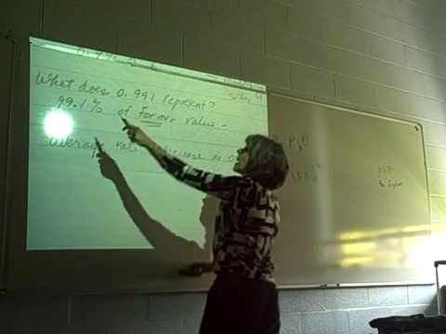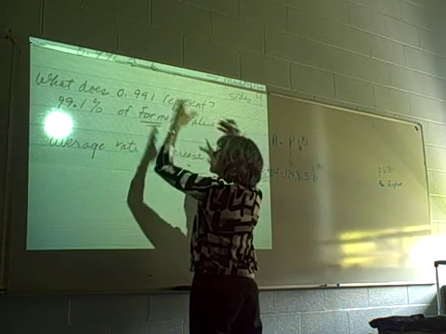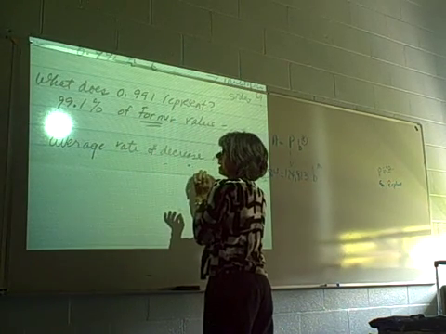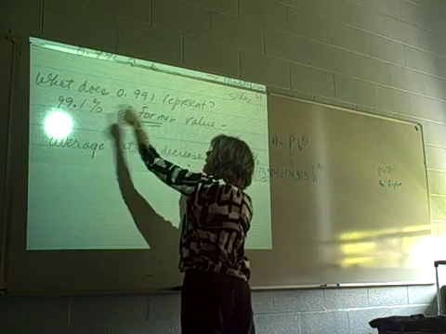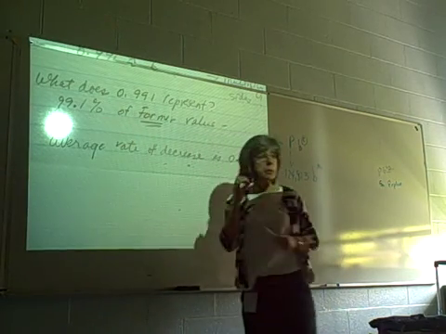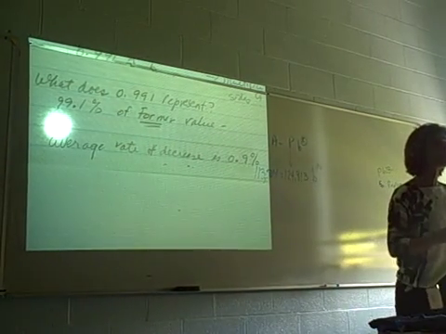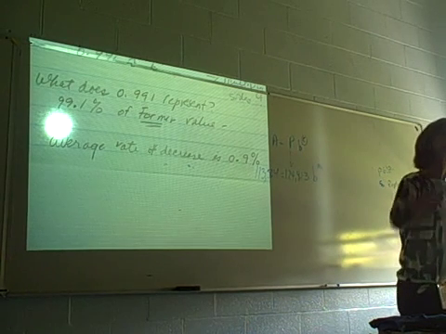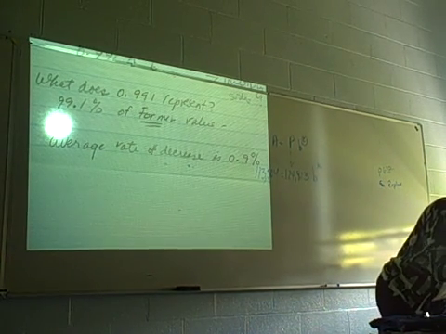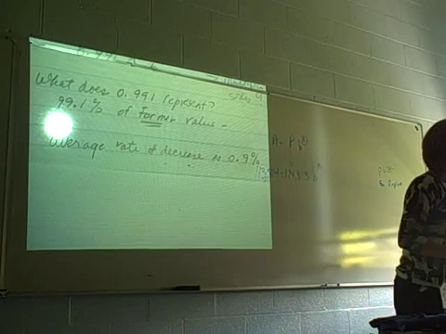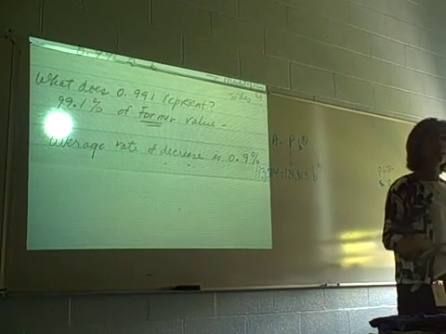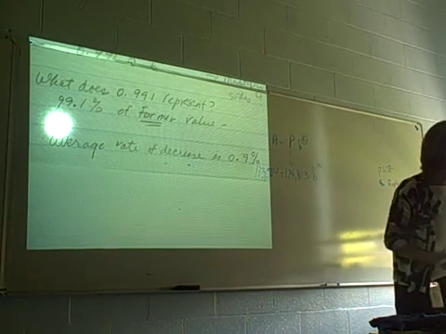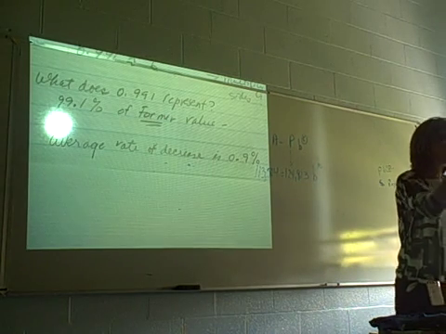Why do you have 99 written on there? I changed this because we solved for B. Okay, B, I just changed it into a percent so that you could think about it as a percentage. Is it decreasing 99%? Think about it. If I had 100 people and it declined 99%, I'd have what? One person.